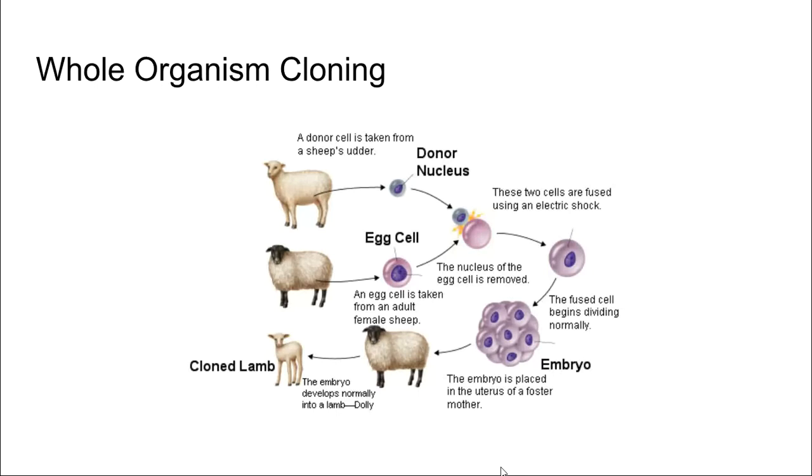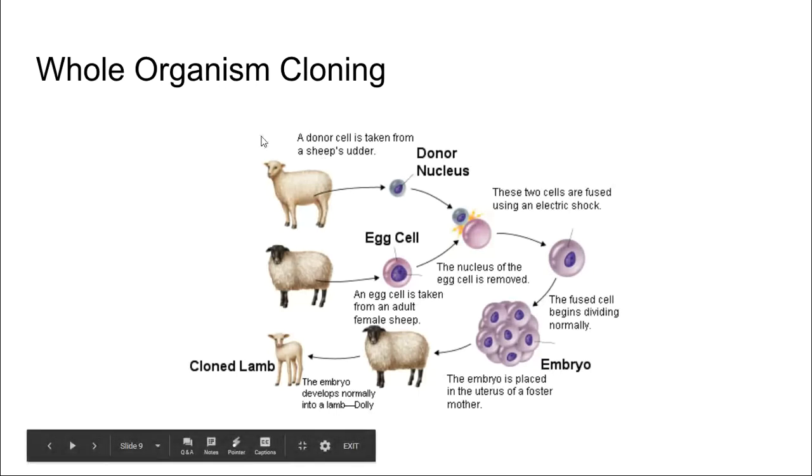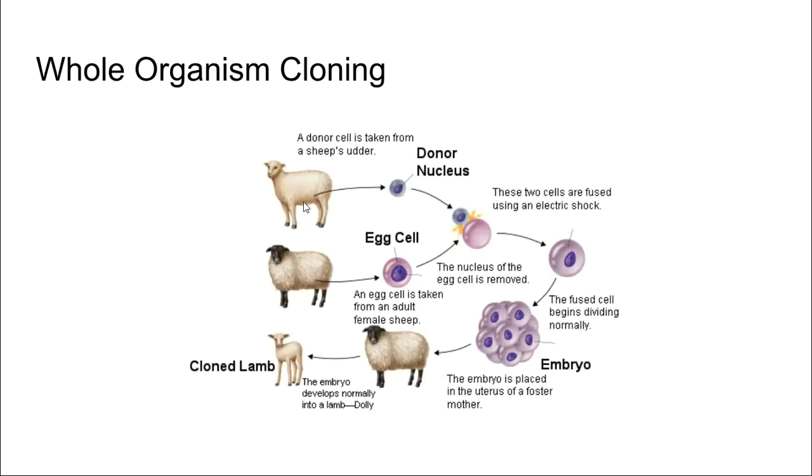This cell then begins dividing normally to produce an embryo, and then we place this embryo into our third sheep, which is our surrogate sheep, and then it grows to produce the clone lamb, which is an exact copy of this donor sheep up here, as this was the cell that was being copied from the beginning.